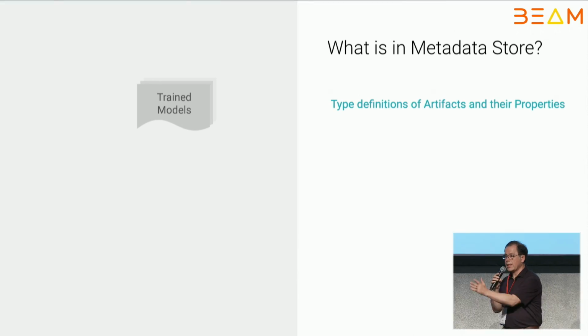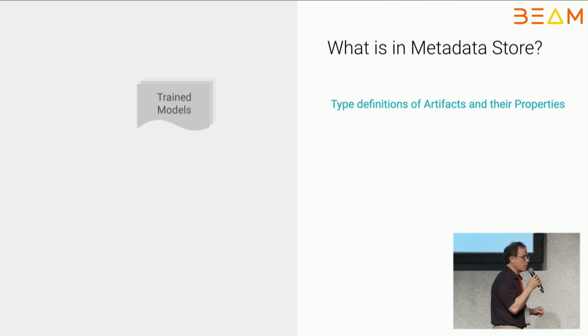Well, there's artifacts. And artifacts are things like trained models or data sets in various stages of transformation, including splitting, or things like metrics when you've done calculations on the results, not just at the top level, but of individual slices within your data set.